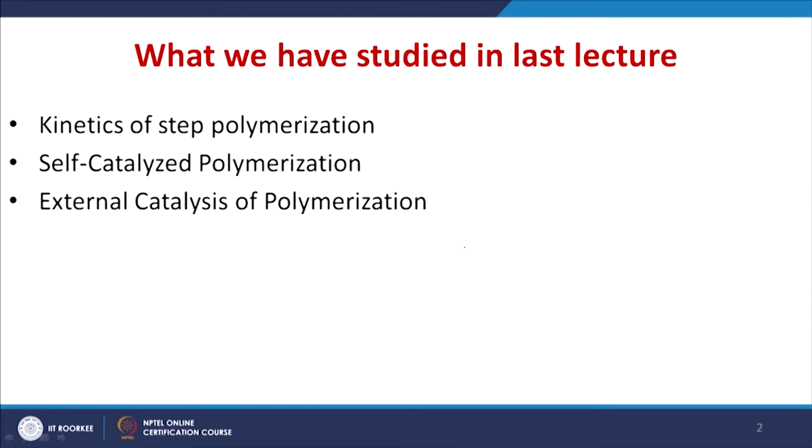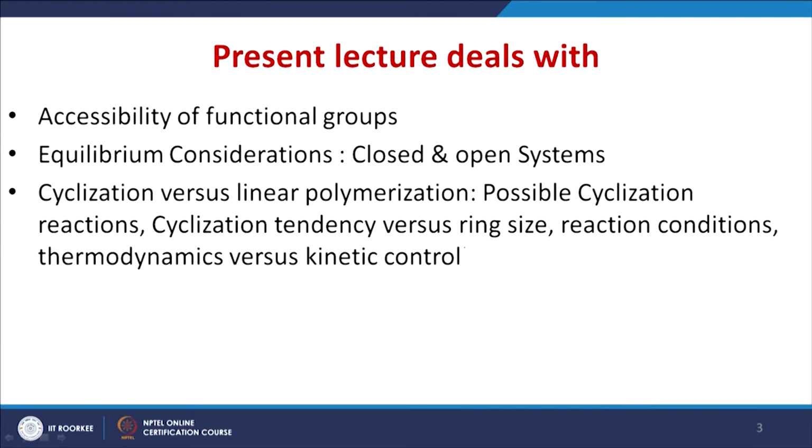We discussed the kinetic problems of step growth polymerization under the heads of self-catalyzed polymerization and external catalysis of step growth polymerization. Now in this particular lecture, we will discuss the accessibility of functional groups. We will have the equilibrium consideration with respect to closed and open types of systems.